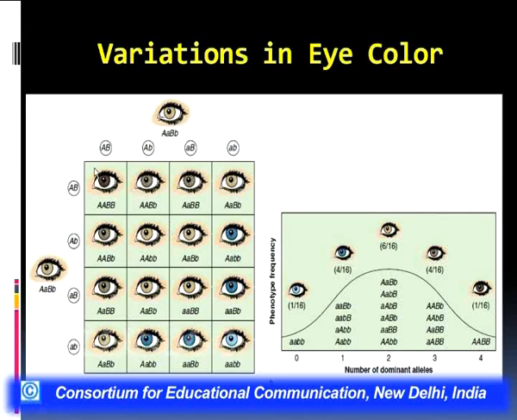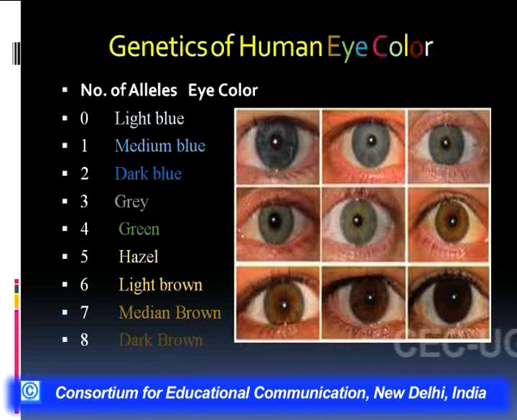So, if there is a marriage between a dark eyed person and a blue eyed person, regardless of whether the male or female is different, because it is not a sex linked character, the maximum probability of their children having intermediate color eyes would be 6 by 16, although it is possible that in one of the 16 chances, at both the extremes, the children would have the eye color like one of their parents. The slide here exemplifies the different hues or colors of the human eyes.